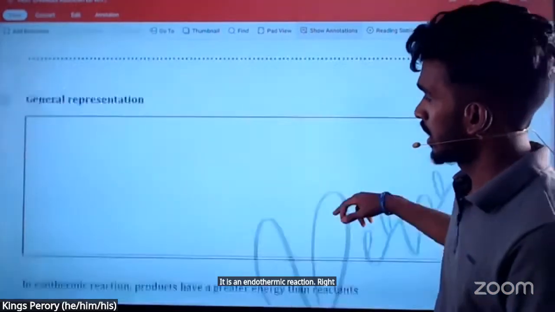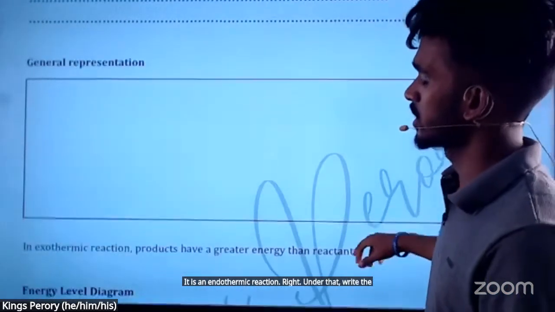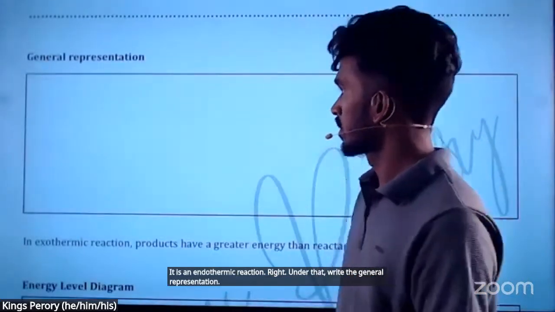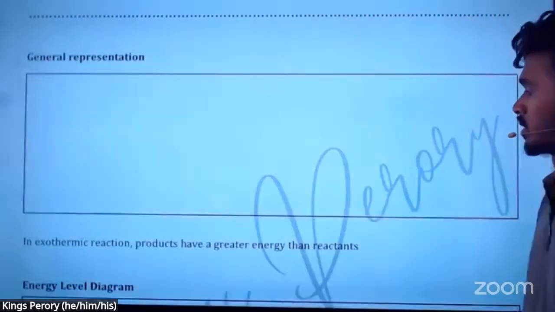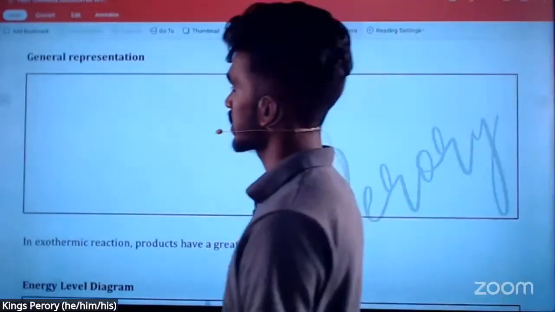Right. Under that, write the general representation.